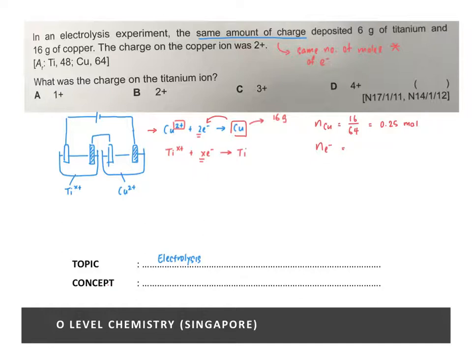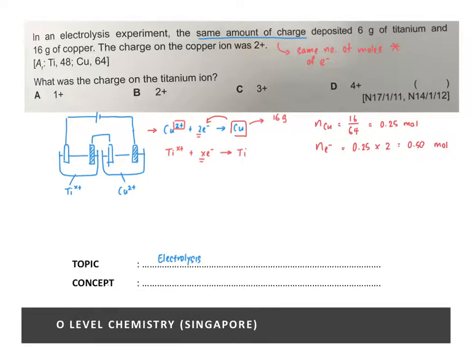So for 0.25 moles of copper, the number of moles of electrons needed would be 0.5 moles. So essentially it means that 0.5 moles of electrons has been passed into the electrolytic cell.